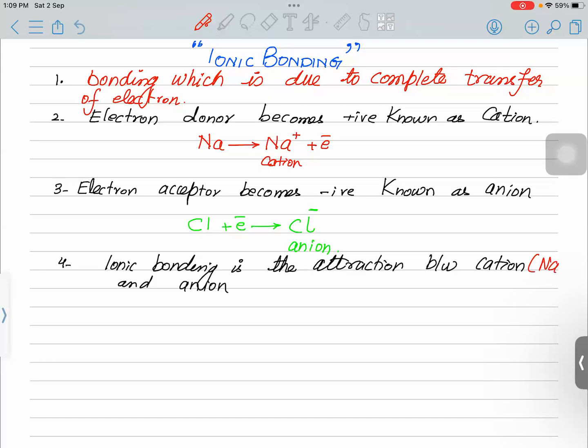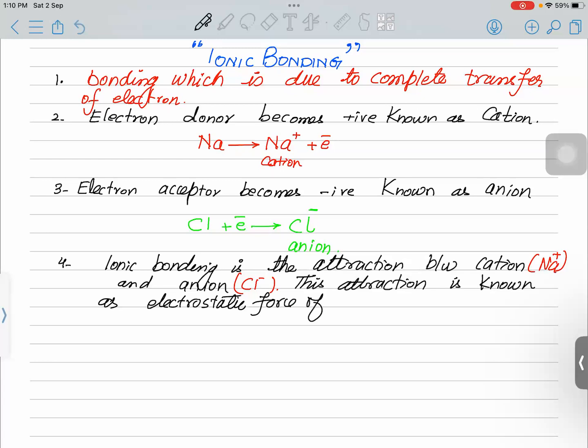The cation is sodium and the anion is chlorine. This attraction is known as electrostatic force of attraction.